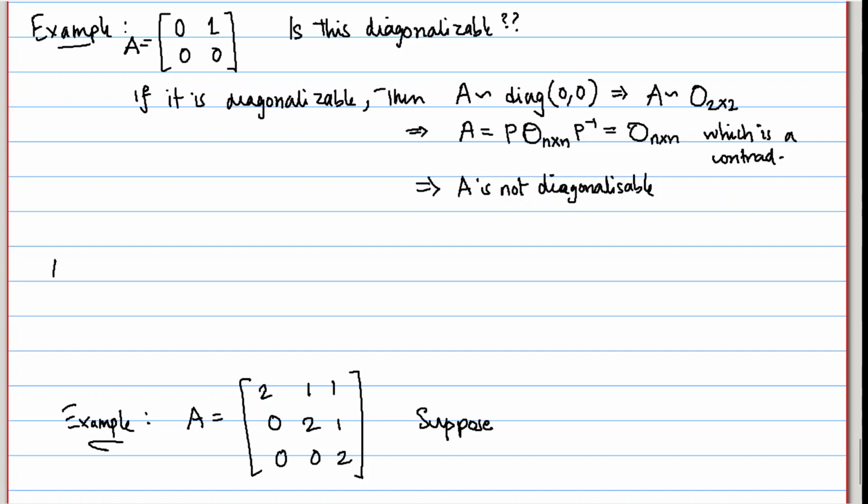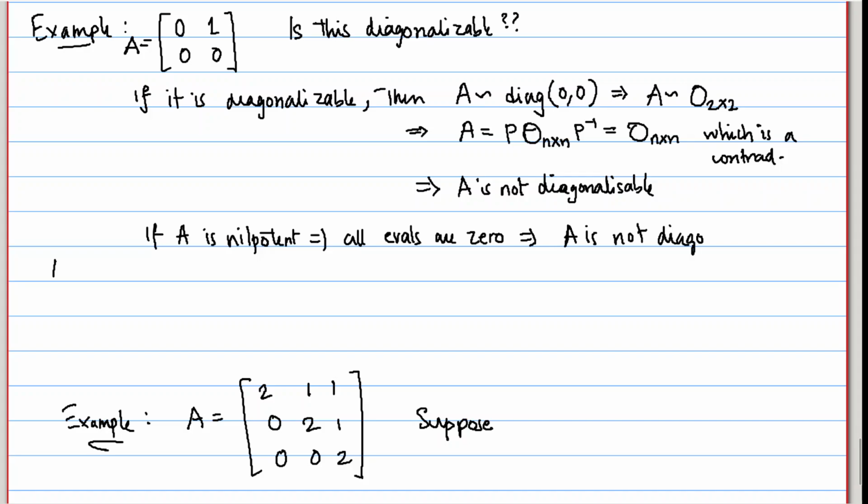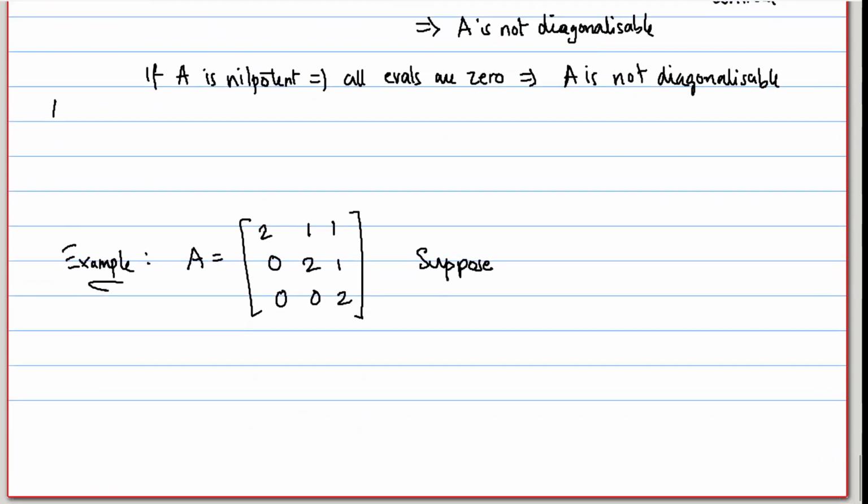So if A is nilpotent, that implies all eigenvalues are 0, which implies that A is not diagonalizable. In this case, suppose A is diagonalizable.